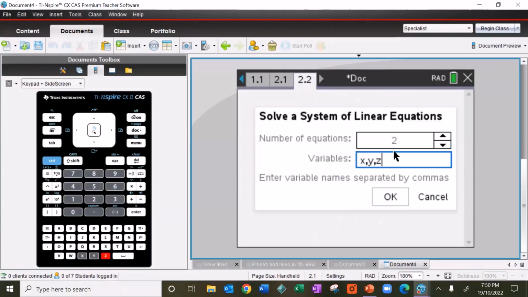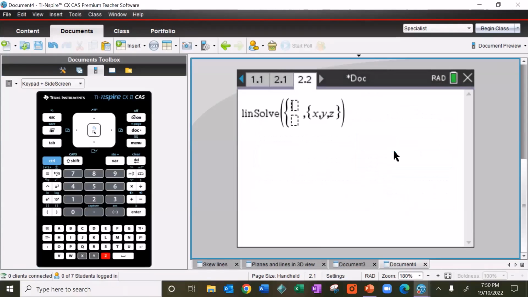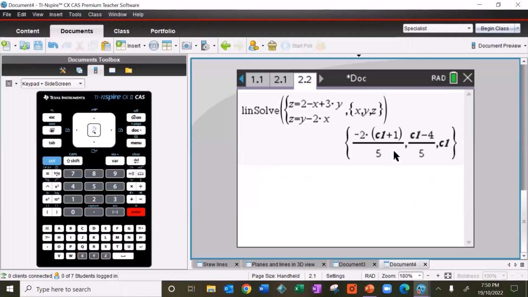I have 2 planes, but they are in 3 dimensions. So my first one was z equals 2 minus x plus 3y, and the other one was z equals y minus 2x.